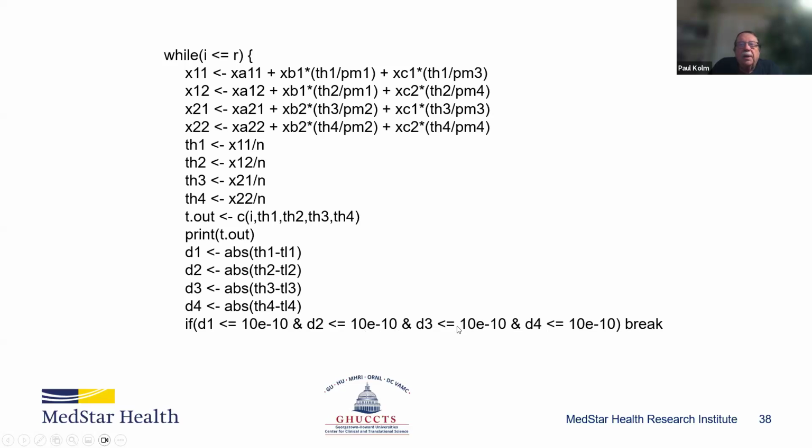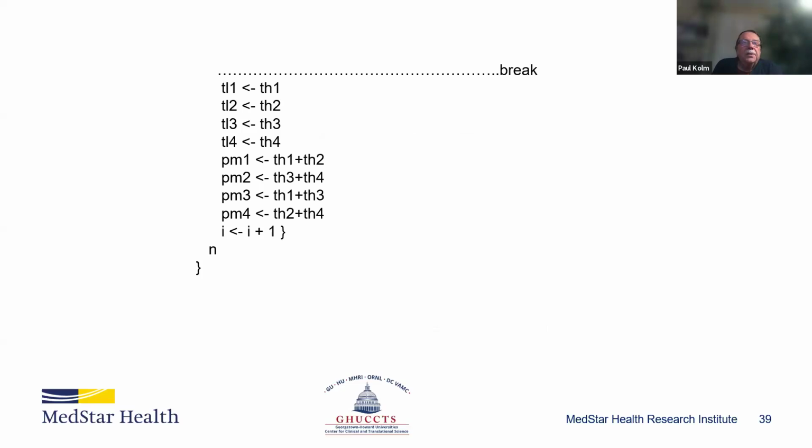If it's less than 10 to the minus 10 in this case, then I stop. And so here's the end where I get the predicted cell counts. This is just a loop that goes back to the beginning of the program and loops through until we come to the end, or get a difference in log likelihoods that's less than 10 to the minus 10.